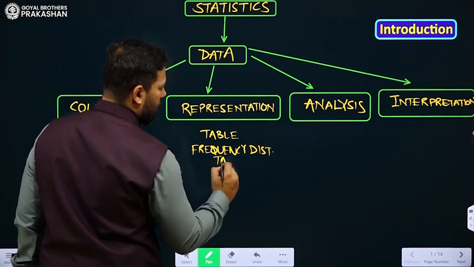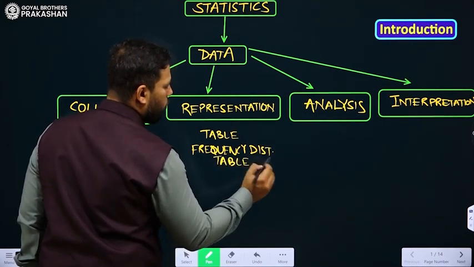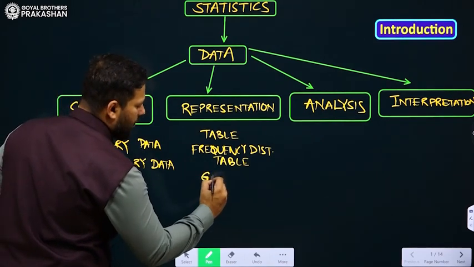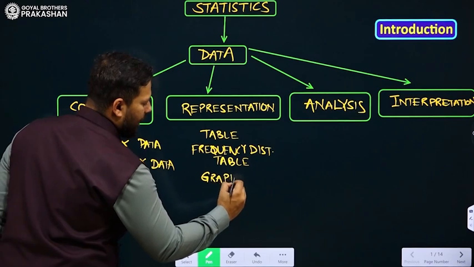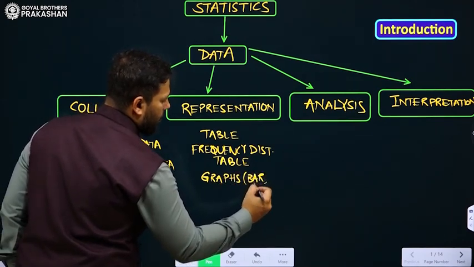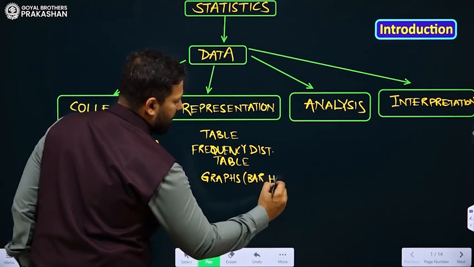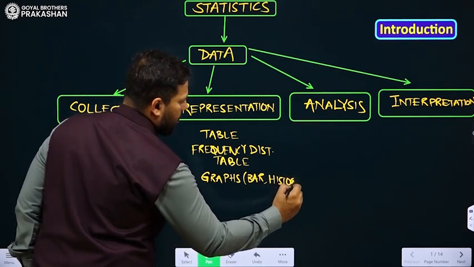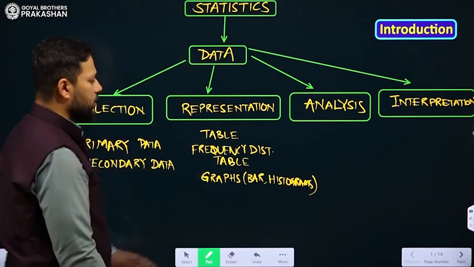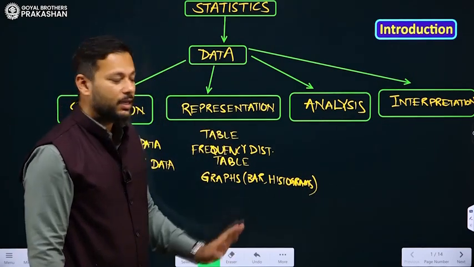Frequency distribution table. It could also be pictorially represented by graphs. You know many types of graphs like bar graphs or histograms, etc. Right? So in this way we can represent the data.